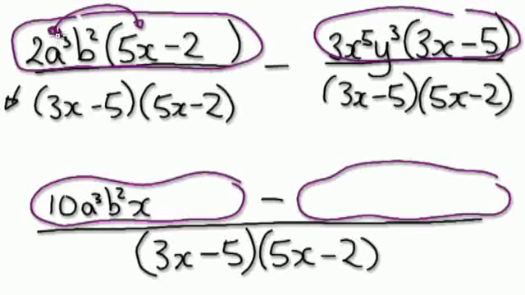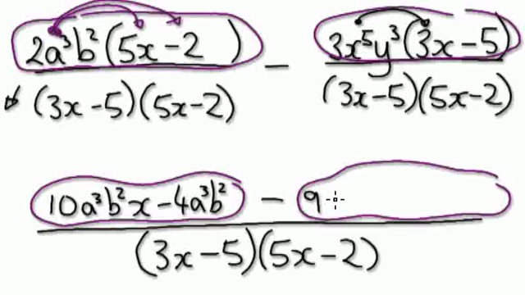Okay, and then this times this will be minus 4a to the power 3 b squared. Yeah, that's it. Okay, and then now this times this, 3 times 3 will be 9, and then you've got x to the power 5 here times x here, so that will be x to the power 6, and then y to the power of 3.